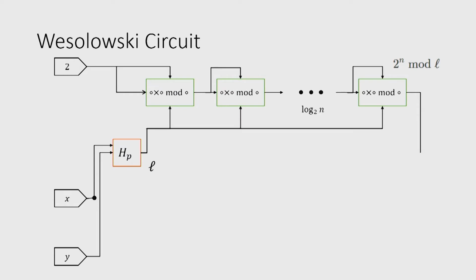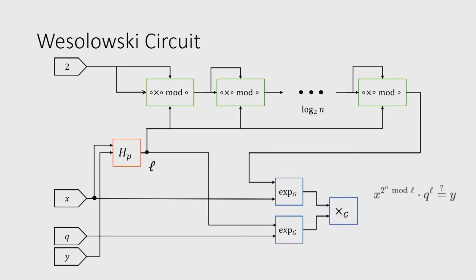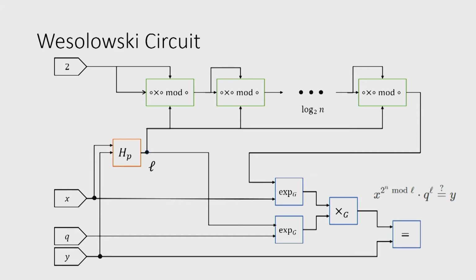Then you compute 2 to the n mod the output of the hash function. There's a whole bunch of modular squarings going on over here, log n of them. Then you compute the exponentiations in the group, compute the product in the group, and do an equality check. So this is the circuit layout of Wesolowski's verifier.